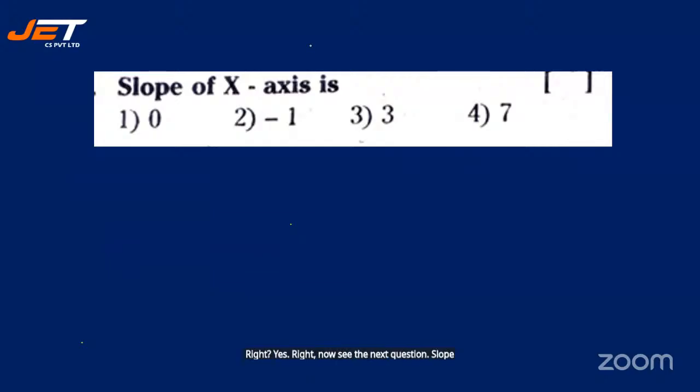Slope of x-axis is dash. Slope of x-axis, is it 0? Is it minus 1? Is it 3 or is it 7?